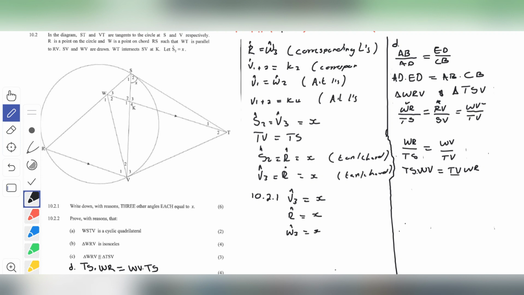We said TV is equal to TS. And what was the reason? Tangents drawn from the same point. So meaning now we're going to replace TV with TS. Now we can see that TV is equal to TS, tangents drawn from the same point. So therefore we have TS times WV is equal to TS times WR. Right. Then that's it. That's how you solve it. You are done.